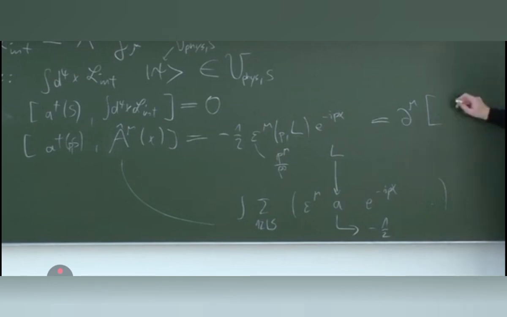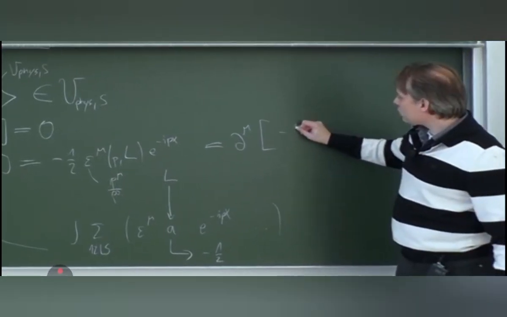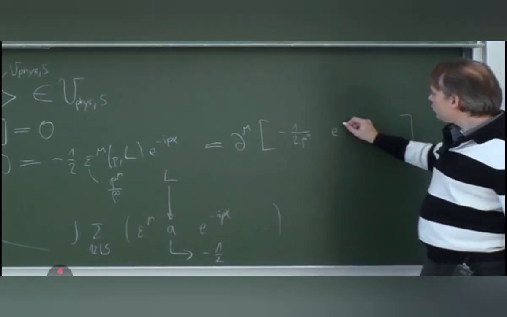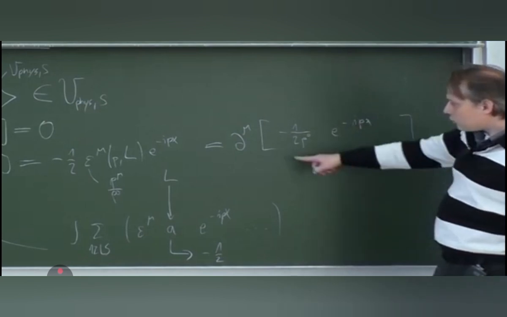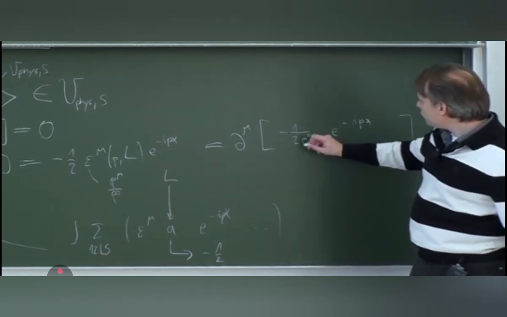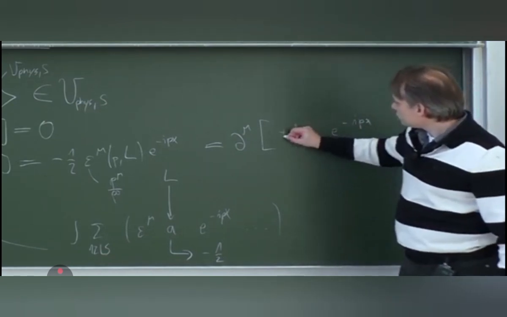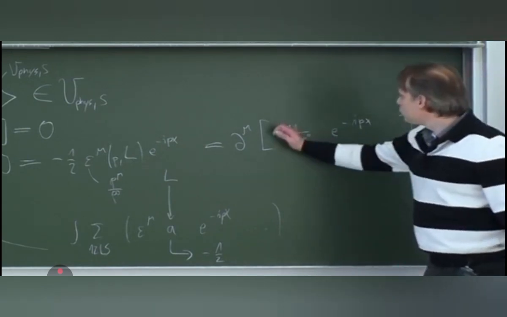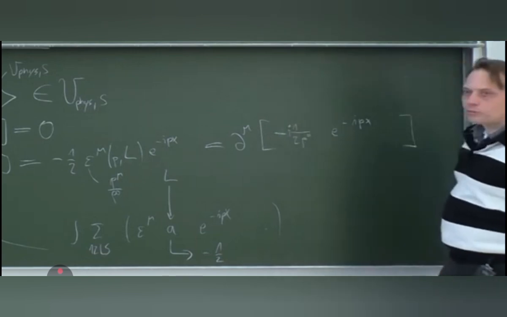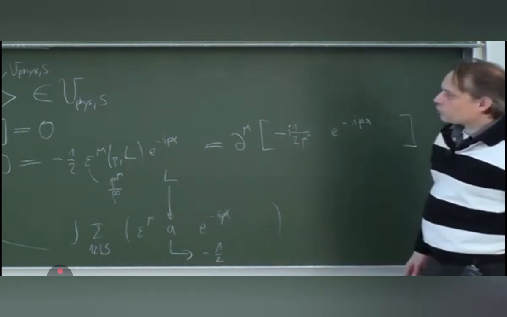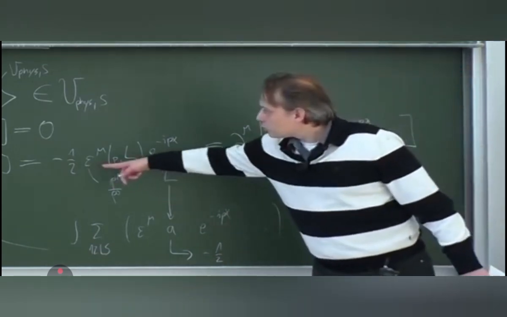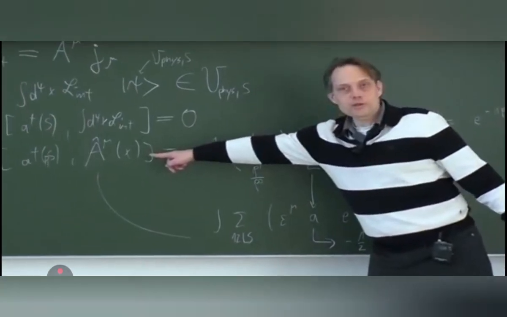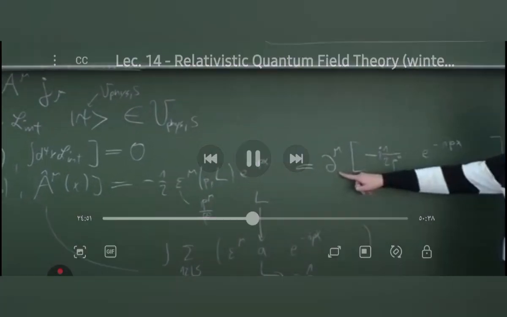On what it acts is actually not important, but let's say it acts on minus 1/2 and p_0 in the denominator times e^{-ipx}, and then we should multiply with plus i. So now it fits. So that is the result. And so therefore, the commutator between our A_S^† and the photon field operator gives us a total ∂_mu derivative.